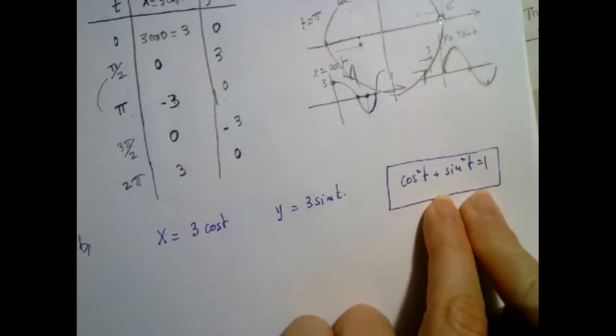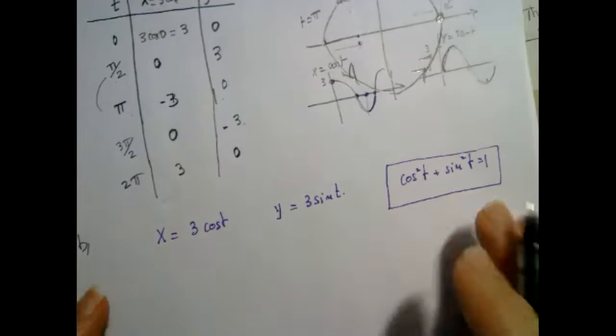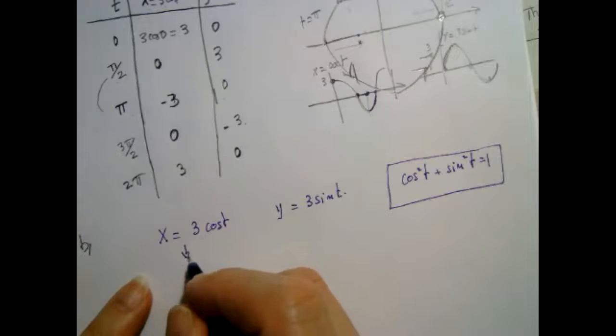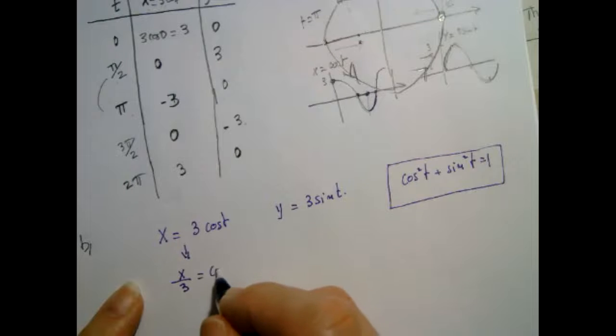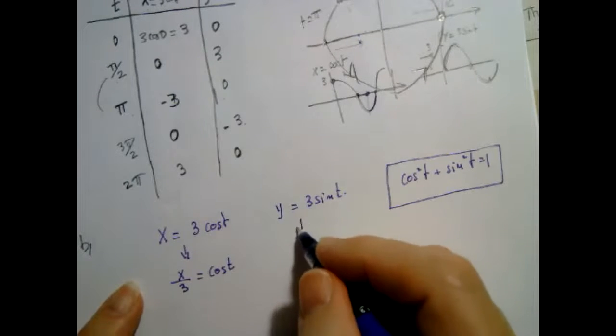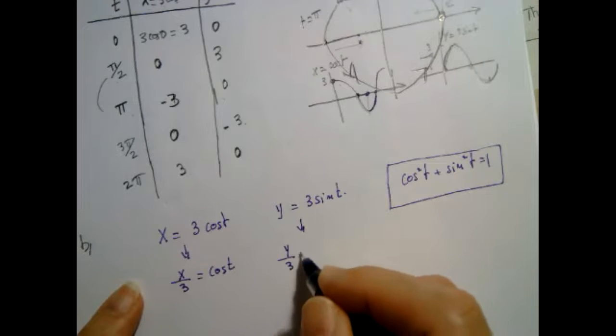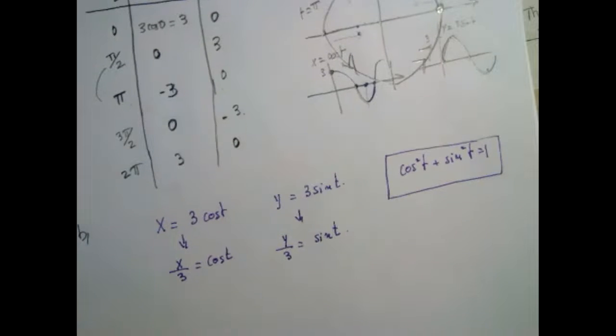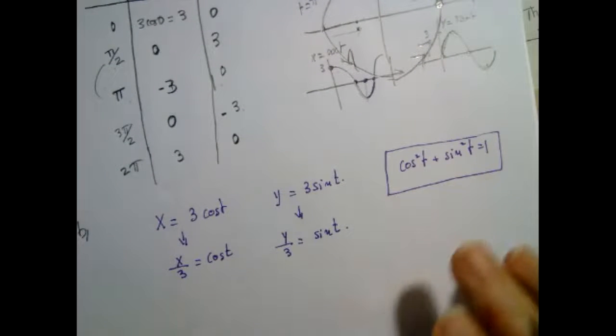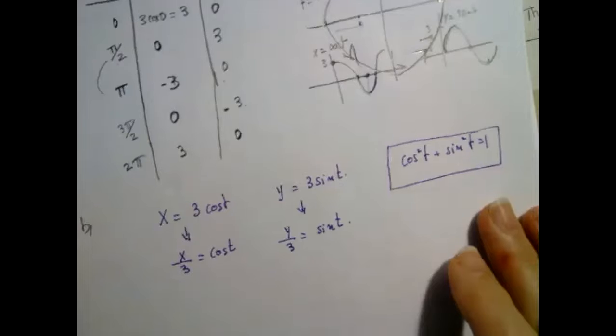This is the relationship I'm going to use to find the equation relating X and Y. But how can I use this relation to find the equation? We isolate the cosine here, and I'm going to isolate my sine here. And then I say cosine squared plus sine squared equals 1.